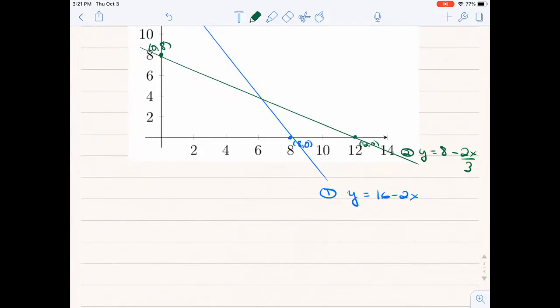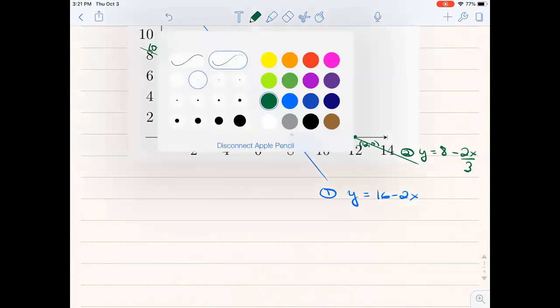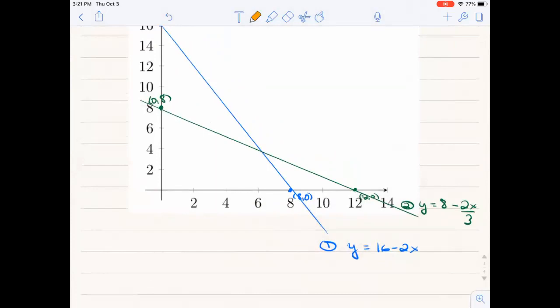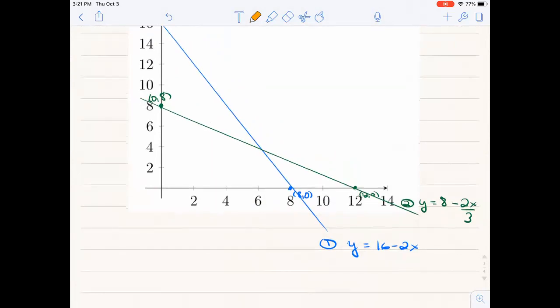And then let's not forget about that last line, which was at y equals 6, right? So y equals 6, and when x is 0, actually, I'm not even going to draw the point because we don't need to. Okay.